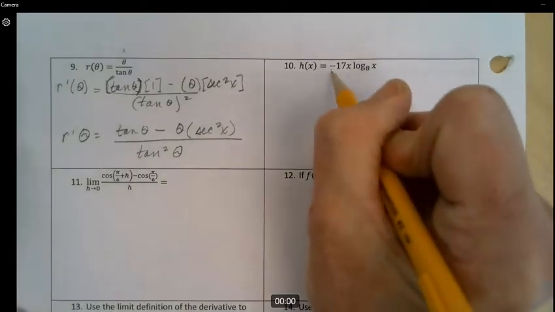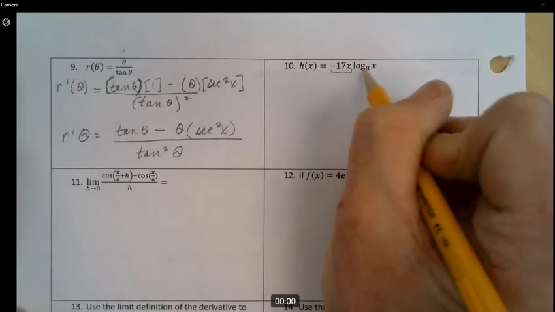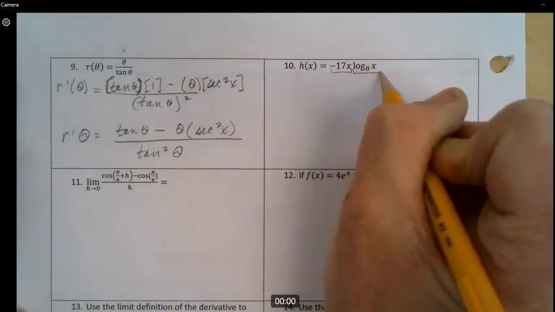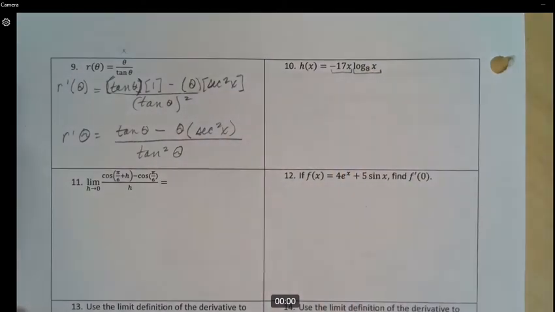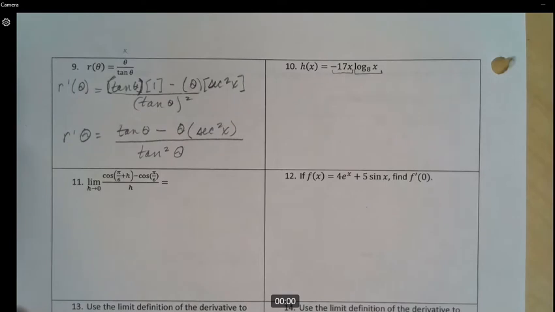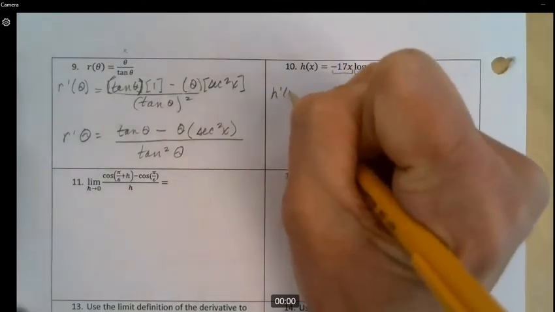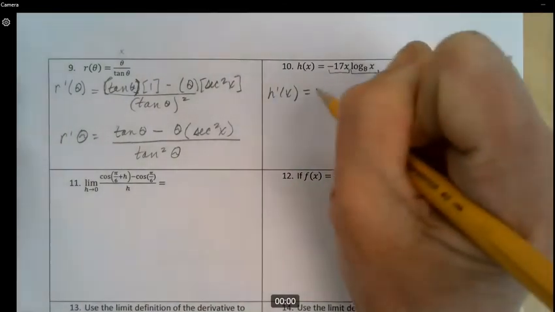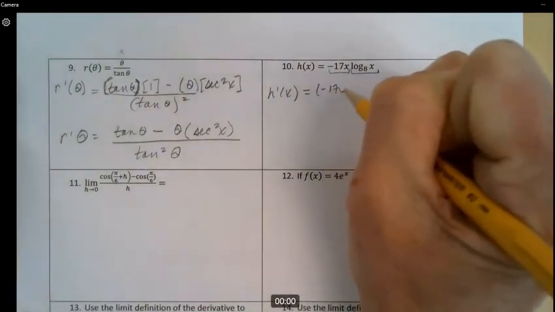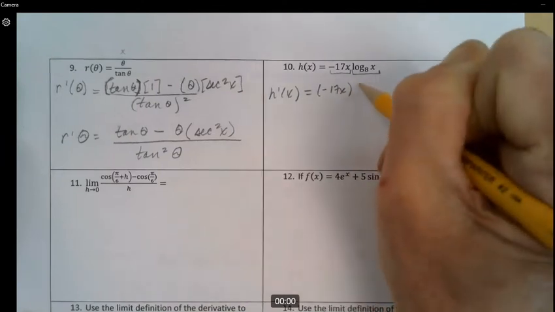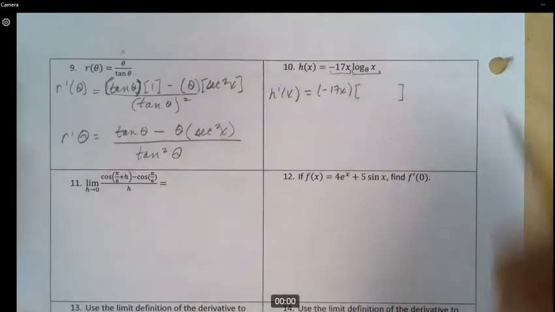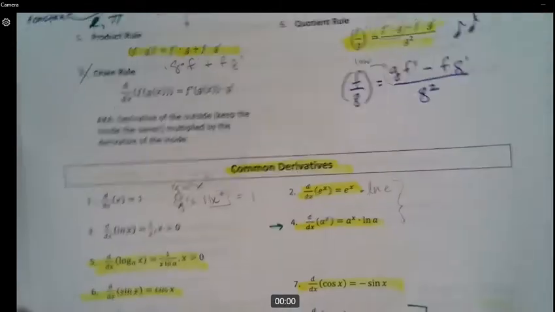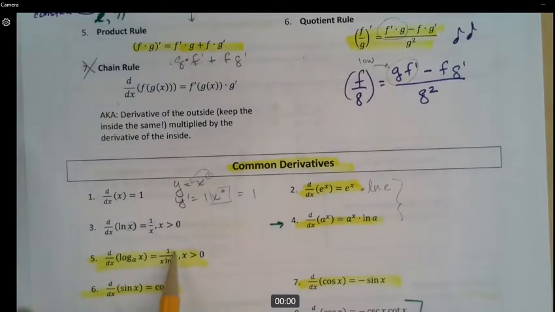All right. Do you see this as a product? Negative 17x times log base 8 of x. H prime of x is going to be equal to my first product times the derivative of my second. Log base a, 1 over a times 1 over x times the natural log of a.